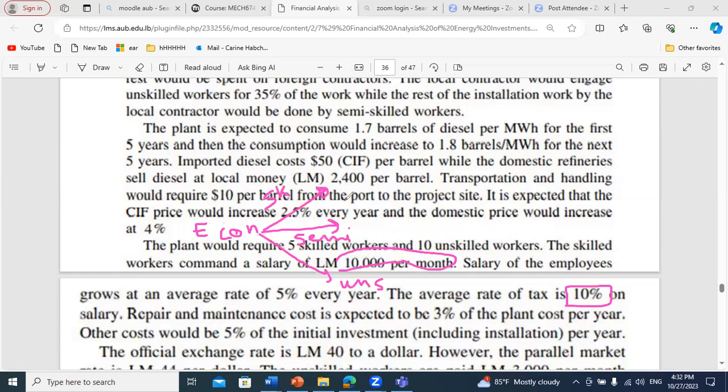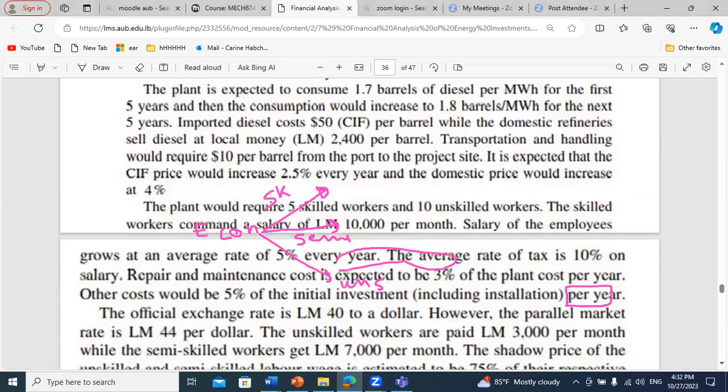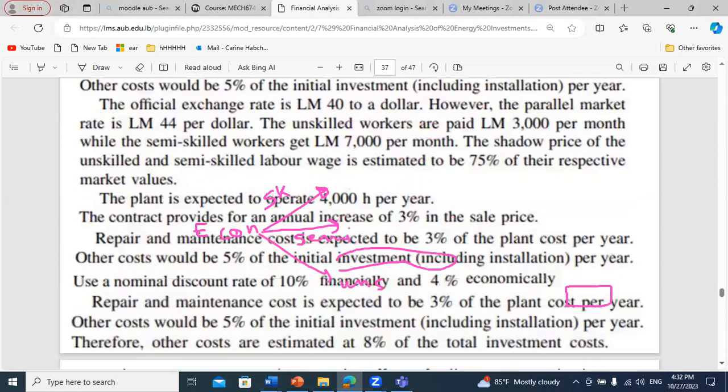Okay, let us find the salary for skilled persons. Let me find the number of skilled persons.